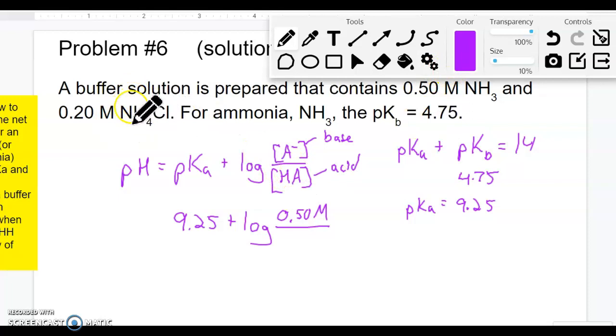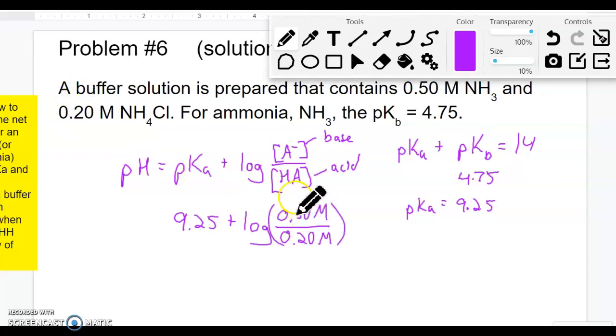And it was the NH4 that acted as the acid, or the conjugate acid. It's the acid part. So we need to use that, even though they say A minus and HA, and this was NH4 plus, that doesn't matter so much. It's that this is the base part, this is the acid part, and this is what we got. So 0.20 molar for that piece.